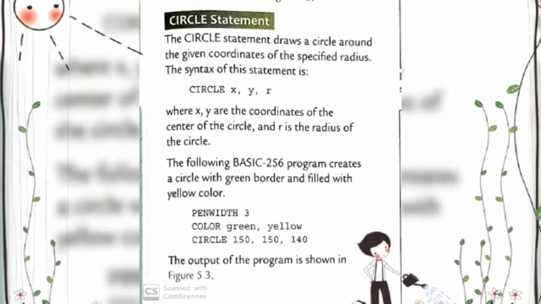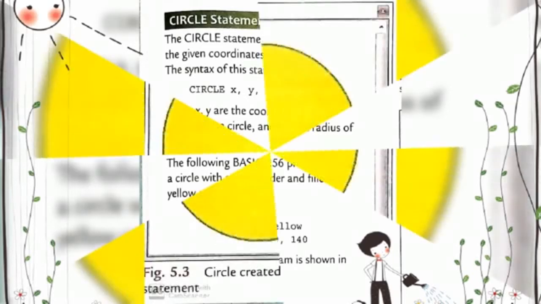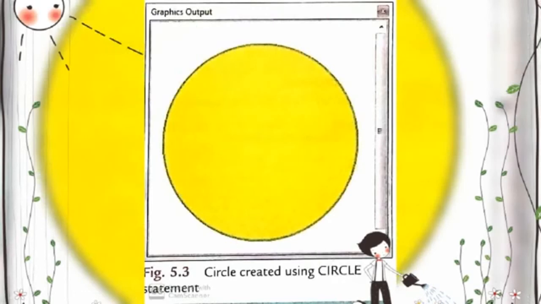You can see the program is given at page number 77. Pen width 3, color green, yellow, circle 150, 150, 140. So 150, 150 is the center of circle, whereas the length of radius is 140.